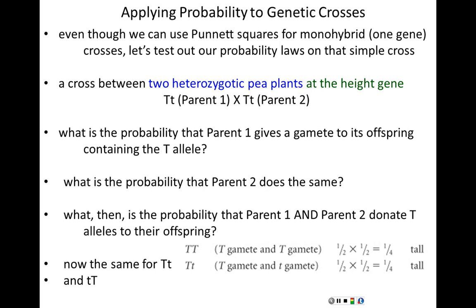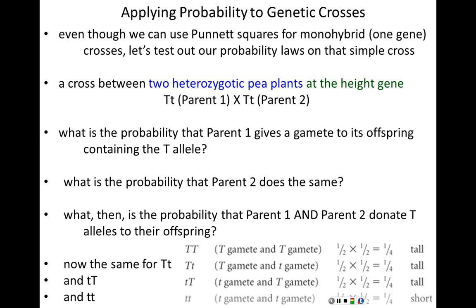Let's also go for the heterozygous offspring, but the other way around. Now parent 1 gave the recessive allele and parent 2 gave the dominant allele. Doesn't really change the math, and so we're still left with 1/4. And finally, what is the probability that each of those two parents gives their recessive allele? Still 1/2 for each parent, so still 1/4. So the individual probability of each possible mating event is 1/4.